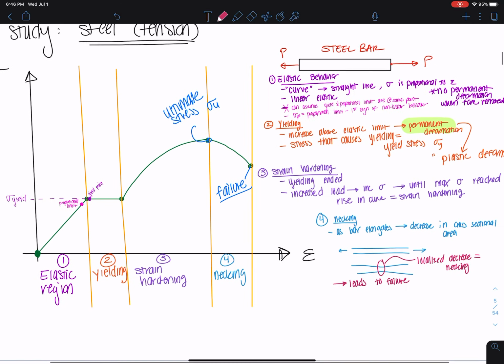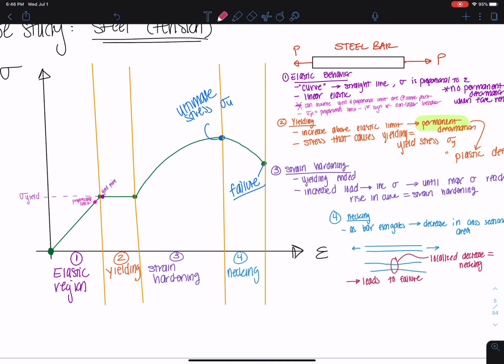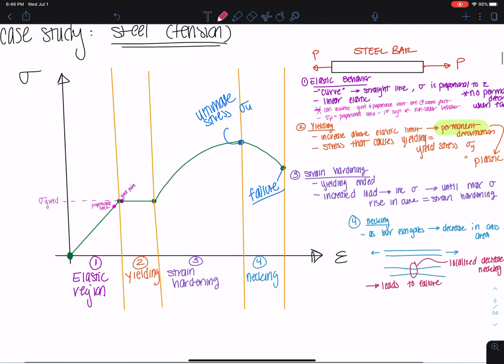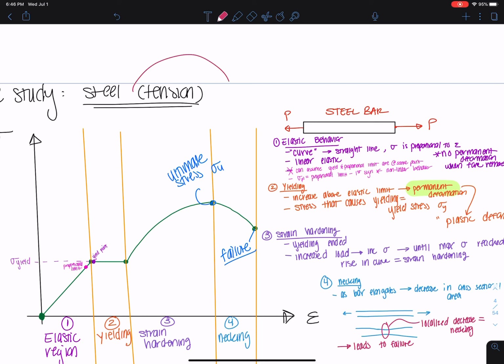Okay. All right, so now a couple of things to note. This is a conventional stress strain diagram for a ductile material, okay? Steel is a ductile material. This is very important. Okay, what that means is it gives us a warning before it just kind of snaps, like the gummy worm. Okay, we're able to elongate it and pull and pull and pull and pull, see the deformation, see the necking, and then it snaps.